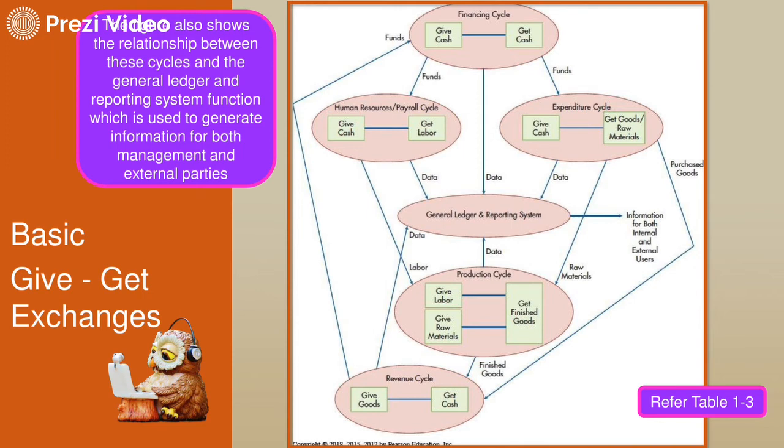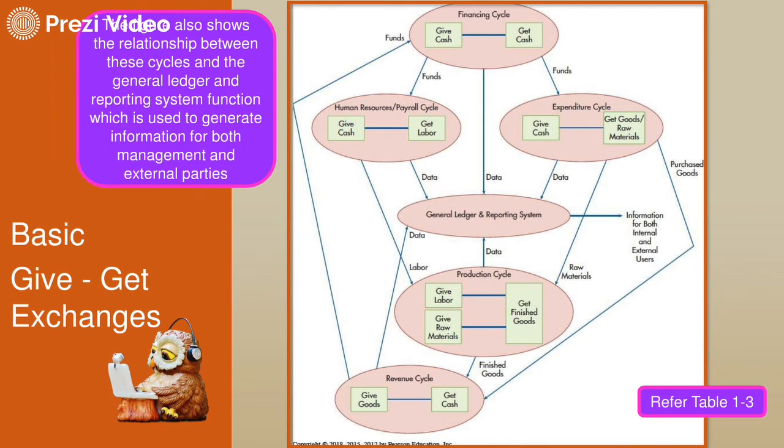So the function of the AIS here is to process data from all those cycles, store it, and then generate information, which will be used by both internal and external users.